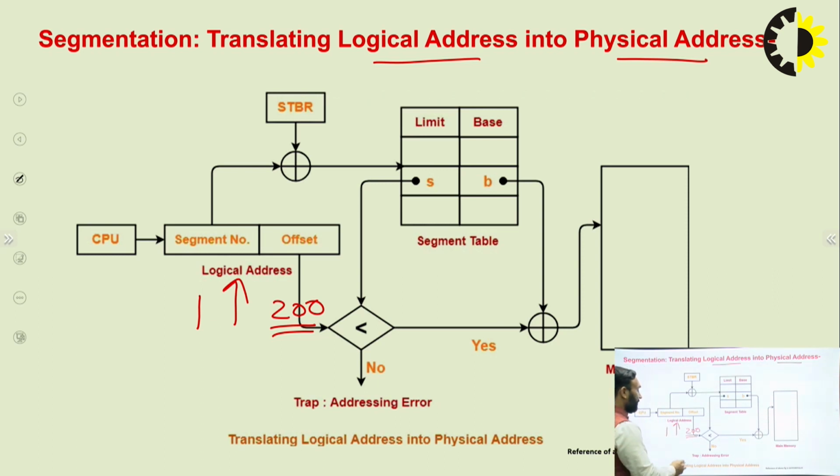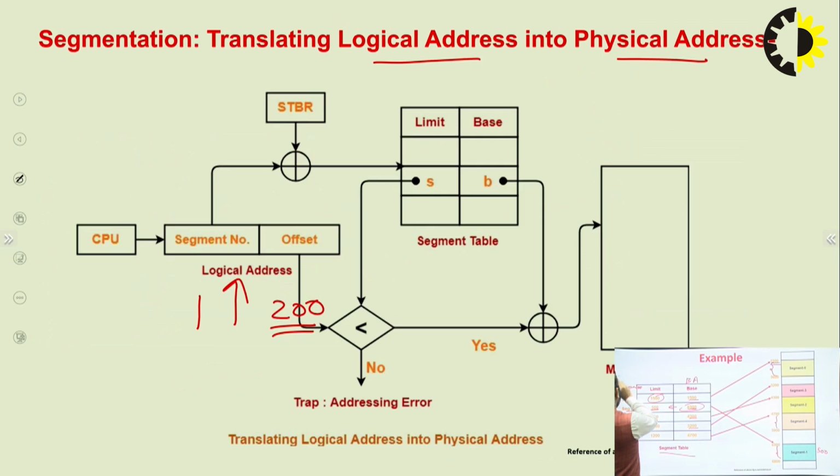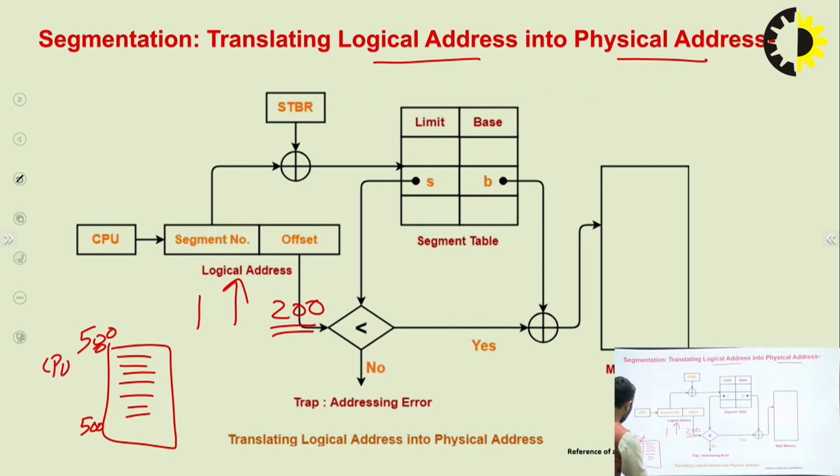And the limit of segment 1 is 500, the max. So within the program there are lines from 0 to 500, and the CPU wants to read the value of segment 1 from 0 only up to 200.